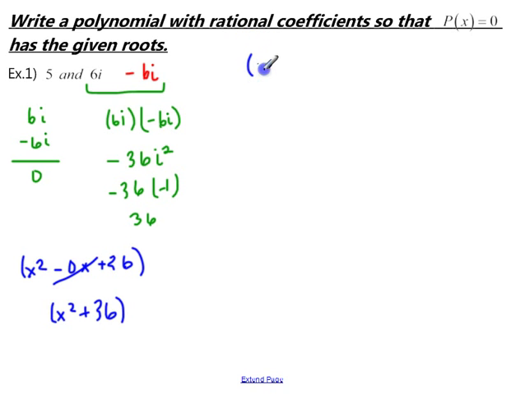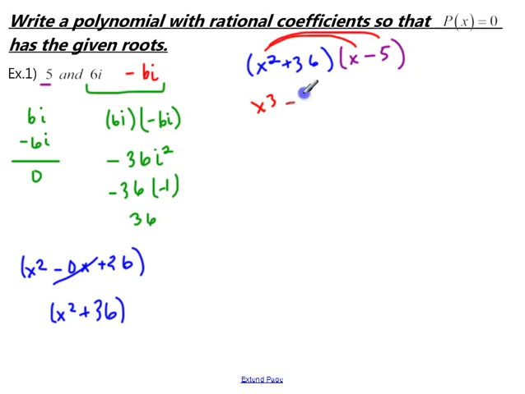So we're going to take that factor, x squared plus 36, and then we need to multiply that with our other root. So if we take the root of 5 and turn that into a factor, remember this is from our previous lesson, x, and that becomes minus 5. Now we need to multiply these two binomials. So we're going to FOIL these. First terms, we get x cubed.